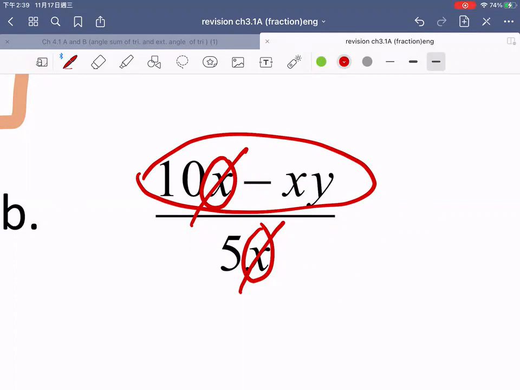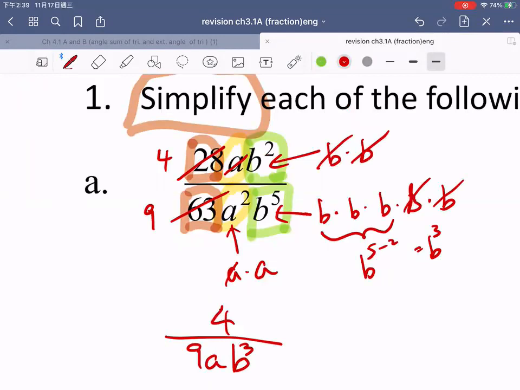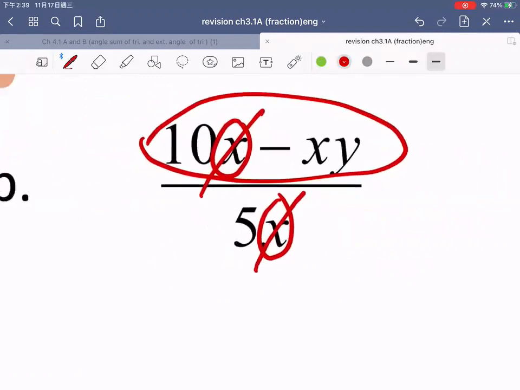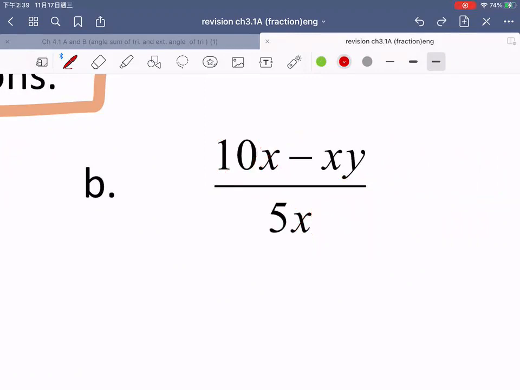In fact, crossing out X is just like dividing both sides by X. Just like here, you are dividing the numerator and denominator by 7, right? 28 divided by 7 gives you 4, and 63 divided by 7 gives you 9. So this one also we cannot just cross it out. We need to take out the common factor first.